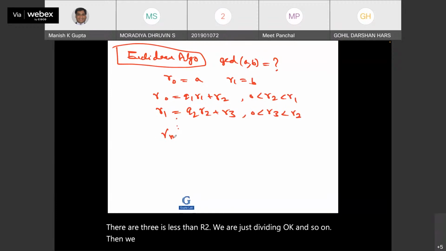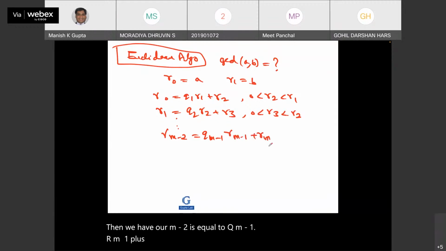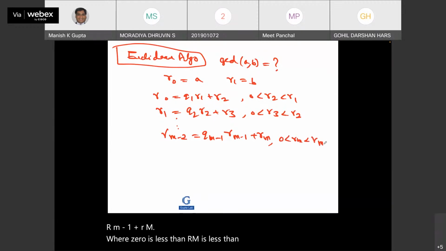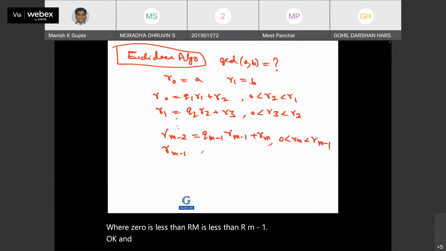Then we have r(m-2) = q(m-1) r(m-1) + rm, where 0 is less than rm, which is less than r(m-1). And finally r(m-1) = qm rm.